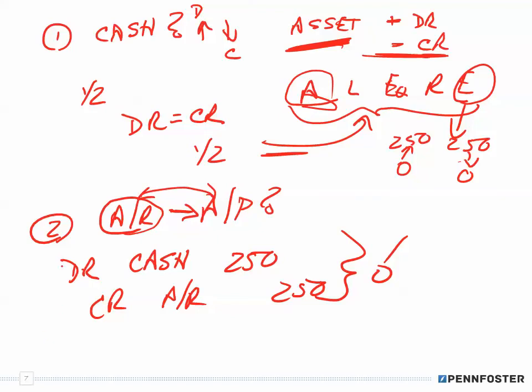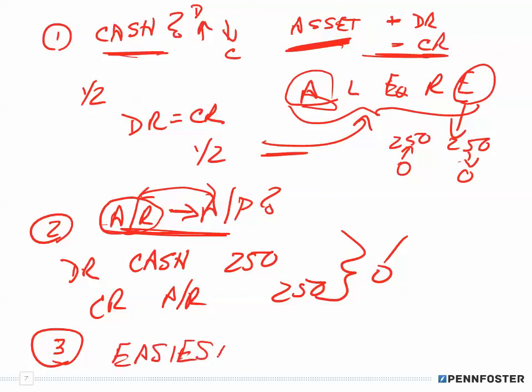And then the last thing is, if it doesn't fall into cash and it doesn't fall into receivables and payables, then you work with whatever is easiest first. You choose the account that you find easiest to work with, and you debit it or credit it.